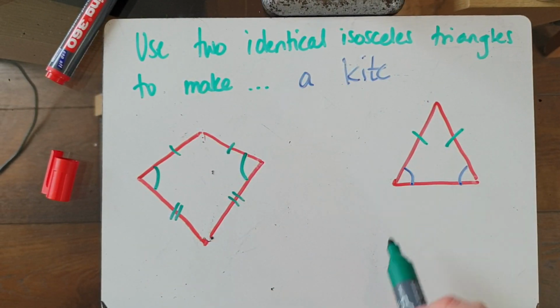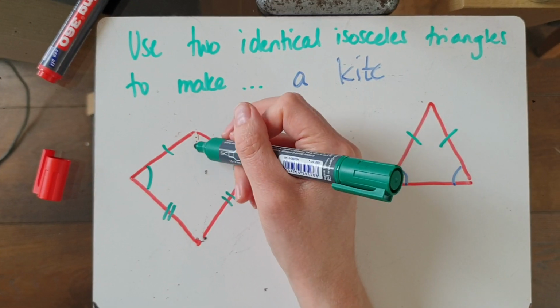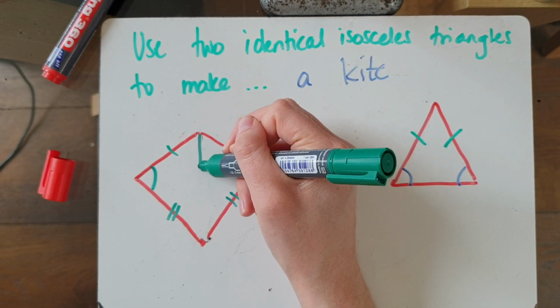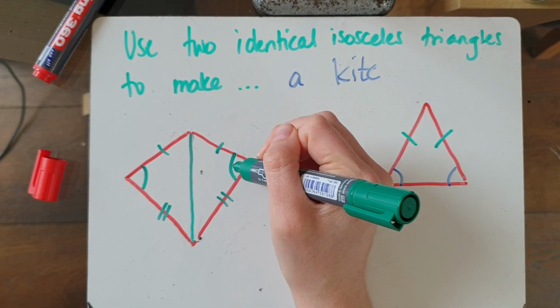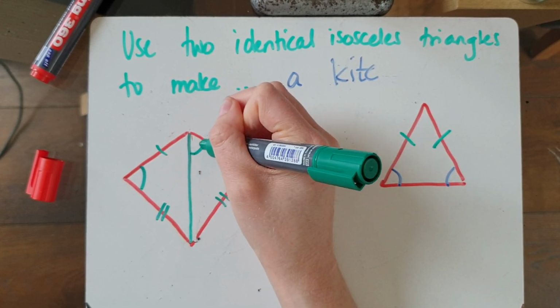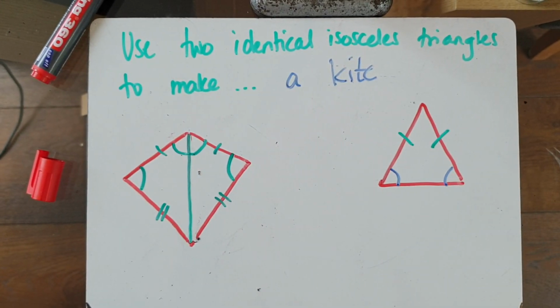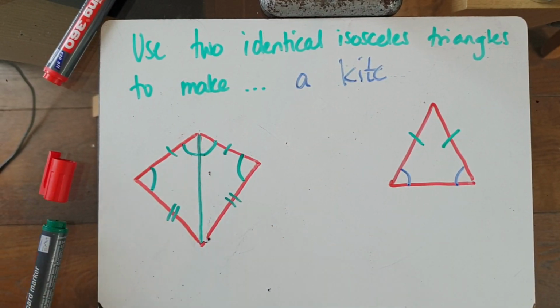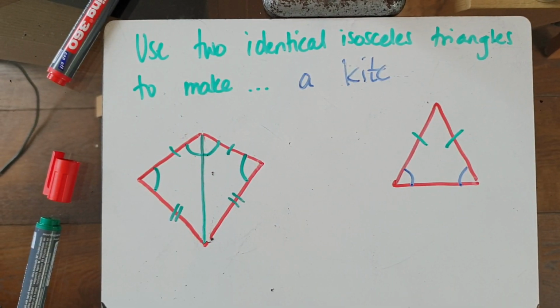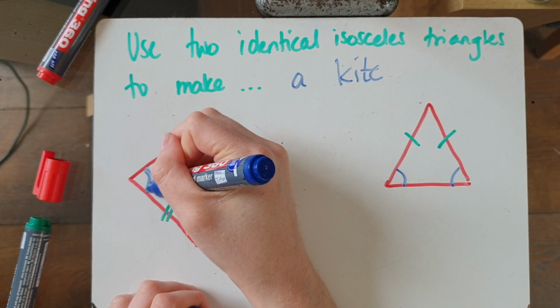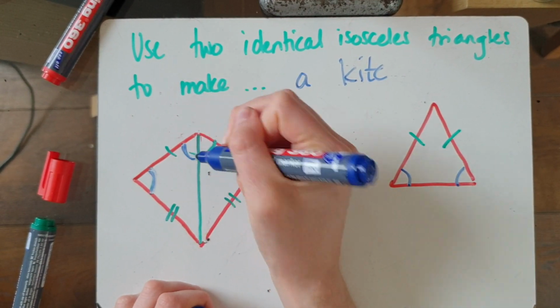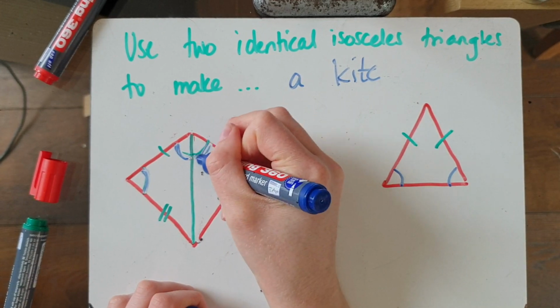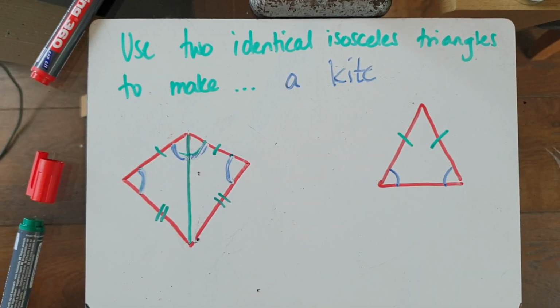I need two of these. Well, what I could do is I can split it in half down here, and if I have these two angles repeated there, I've put this triangle in here. I'm going to label it with the same colours so that you can see what I mean. So this and this would be the base angles, this and this would be the base angles.